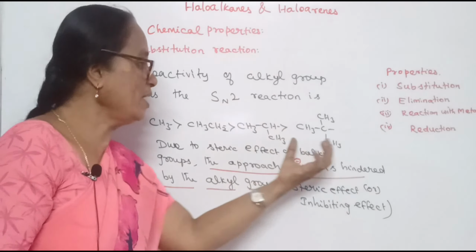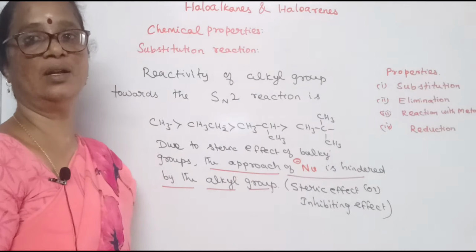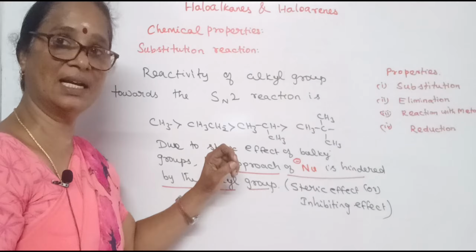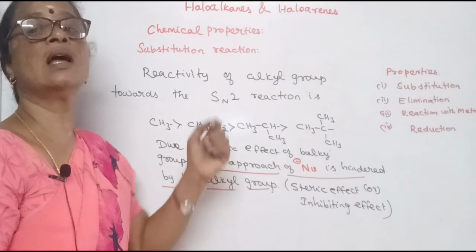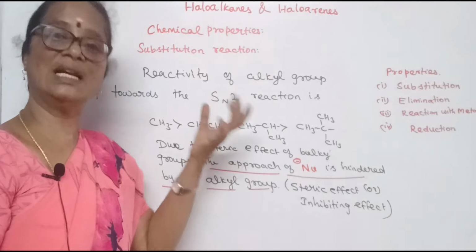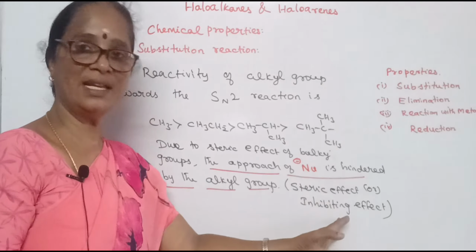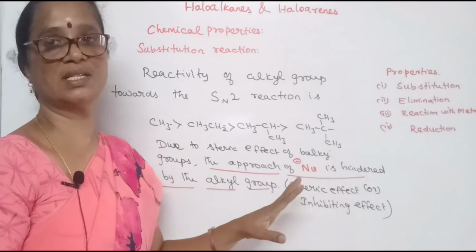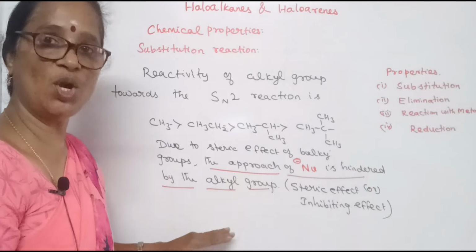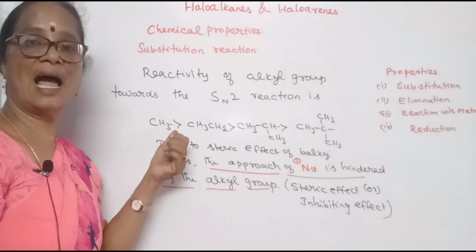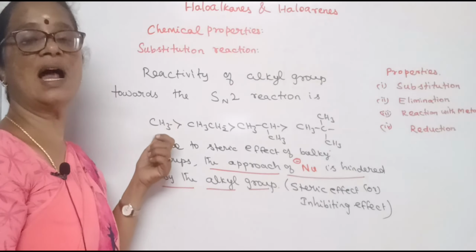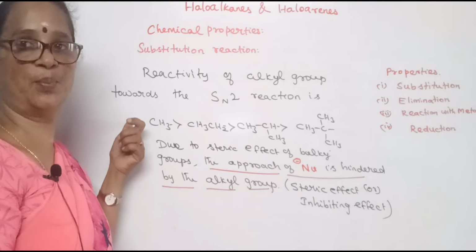Due to the increasing size of the alkyl group, the approach of the nucleophile to attack the carbon atom may be hindered. That creates the inhibiting effect, or steric effect. Hence the nucleophile can easily approach the carbon where the atoms are simplest and do not hinder the approach.